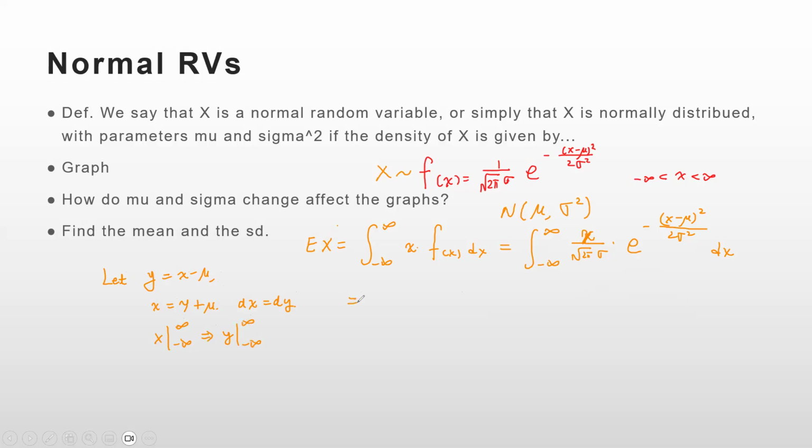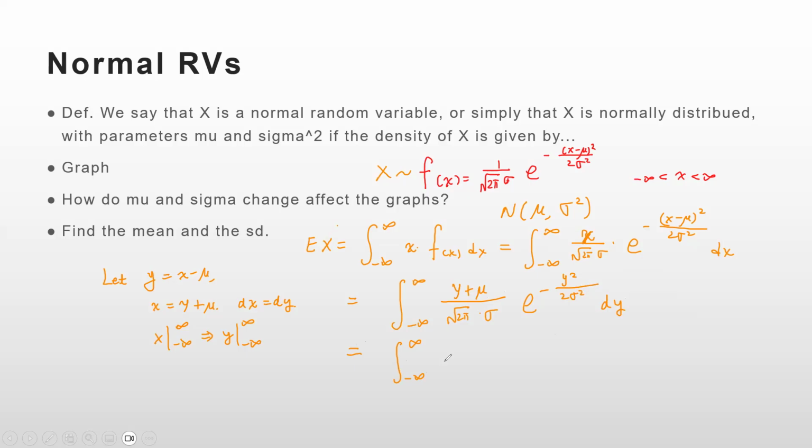So we have the integral from negative infinity to infinity, with x equals y plus mu, and then I still have 1 over the square root of 2 pi times sigma, e to the negative y squared over 2 sigma squared, and dx equals dy. And I have y plus mu. I'm going to break it up.